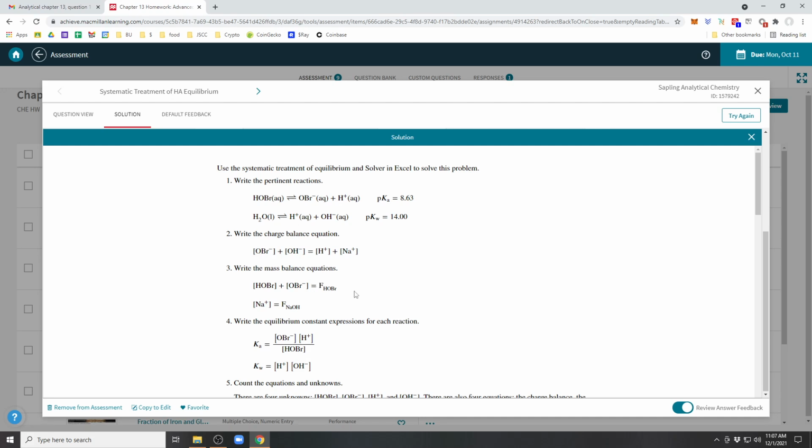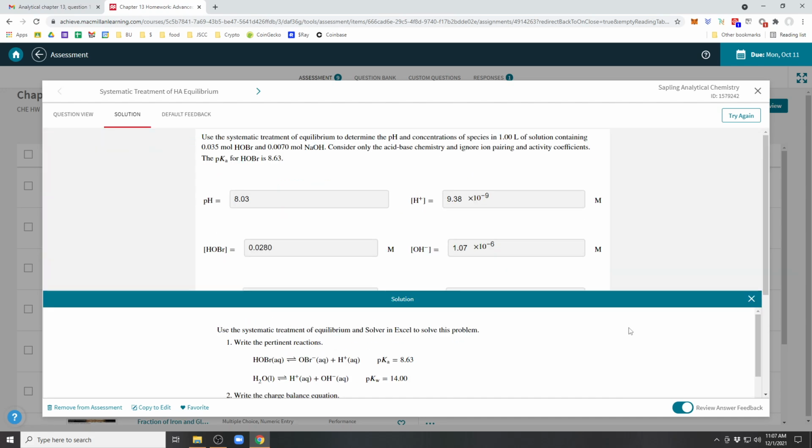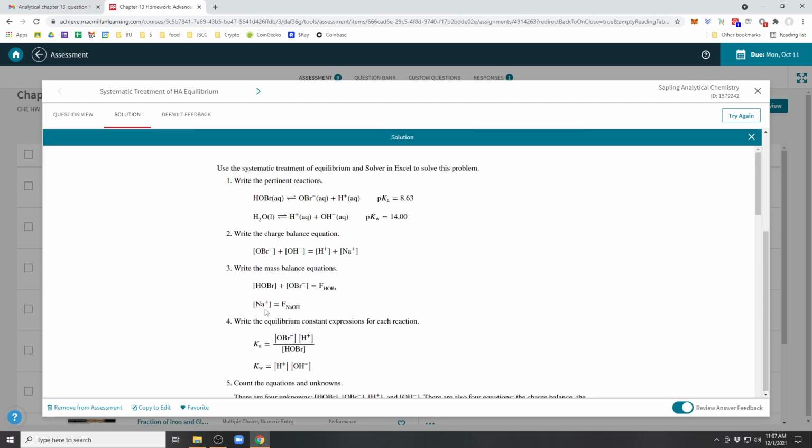The formal concentration of HOBr, which is the concentration you would get by taking these moles here and dividing by the liters there, has several different forms that it could be in. It could be HOBr, but it also could lose its proton and you'd be left with OBr minus. So your acid exists in two forms in solution.